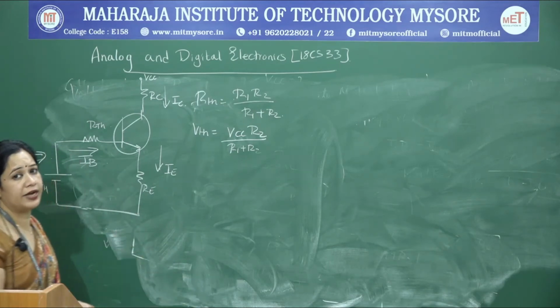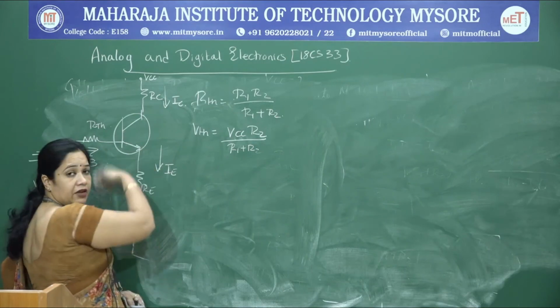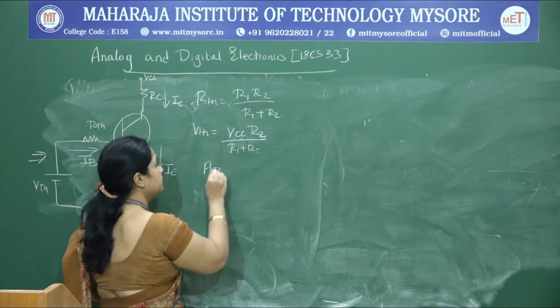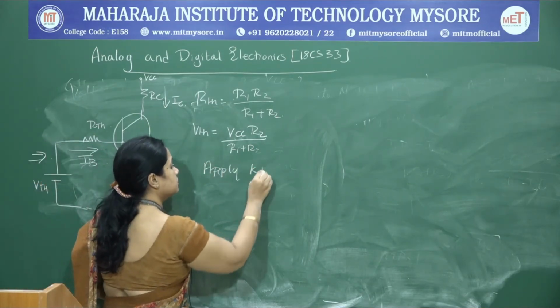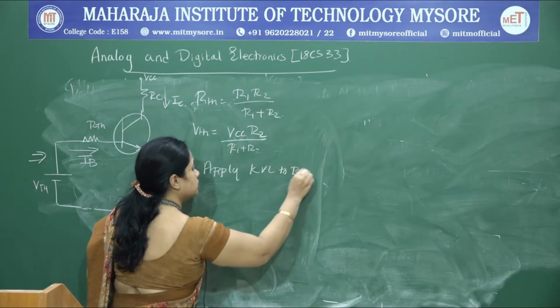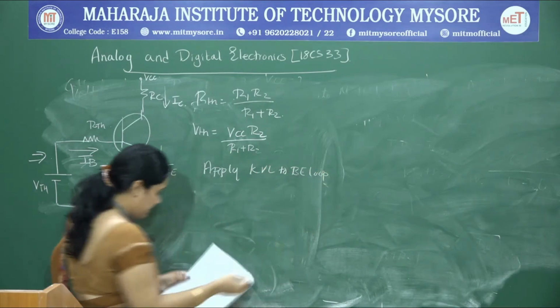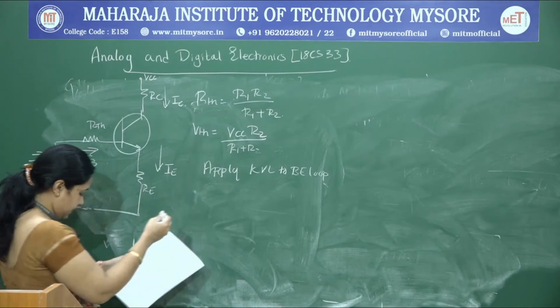Now, it is easy for me to do the analysis. So, what do we do? We apply KVL to the base emitter junction. So, when I apply KVL to the base emitter junction, what happens?